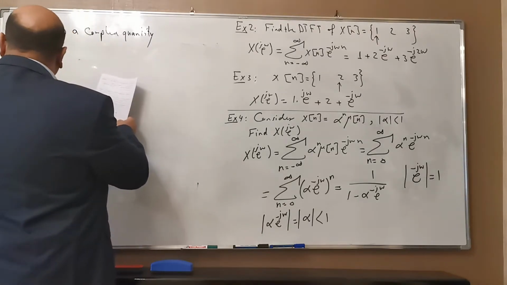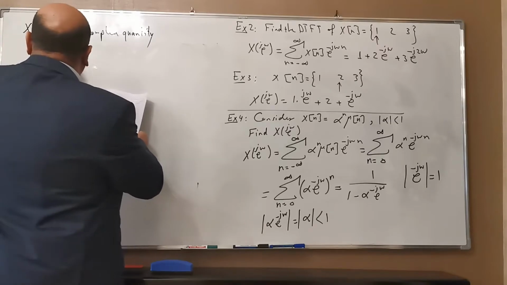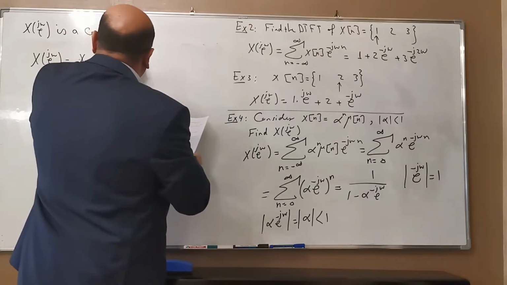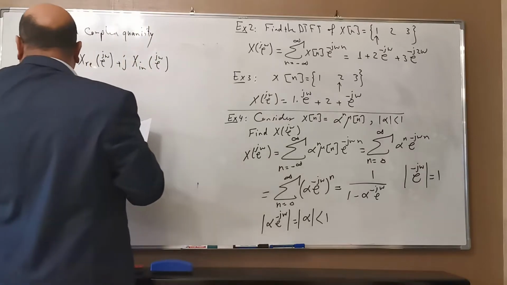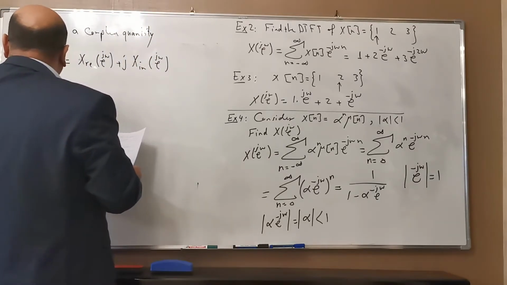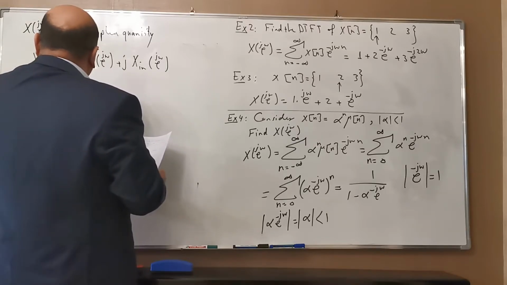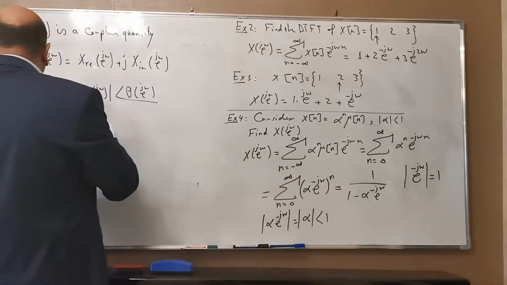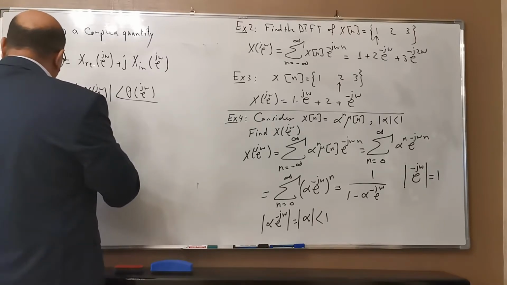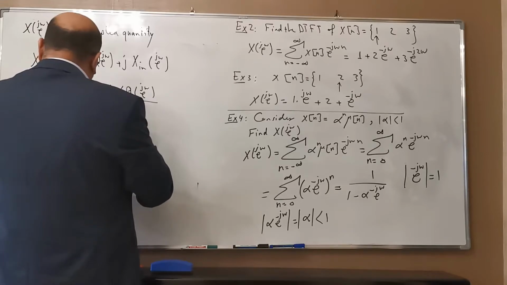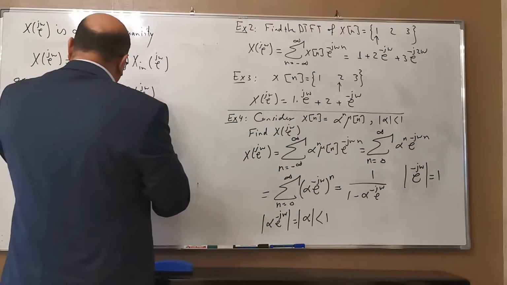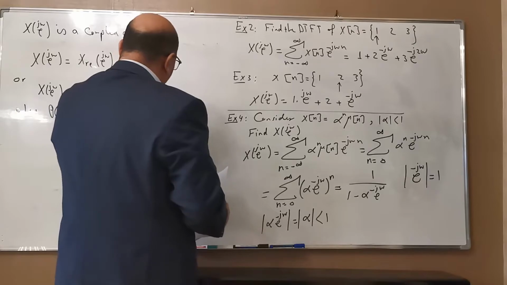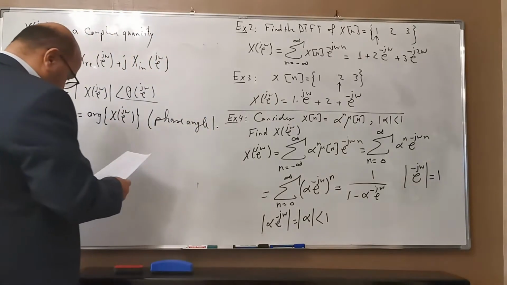So we say that X of e to the j omega is equal to X real of e to the j omega plus j X imaginary of e to the j omega, or X of e to the j omega equals the magnitude with an angle theta, where theta of e to the j omega is equal to the argument of X of e to the j omega, which is the phase angle.